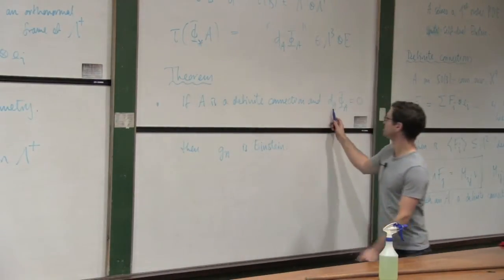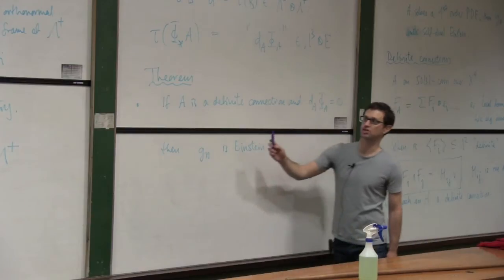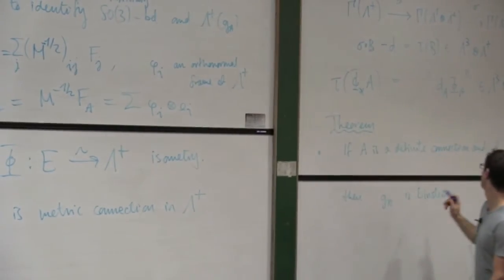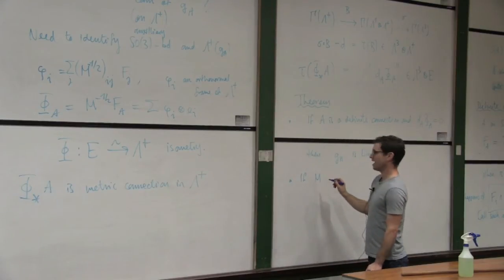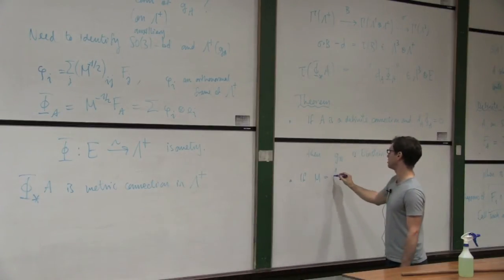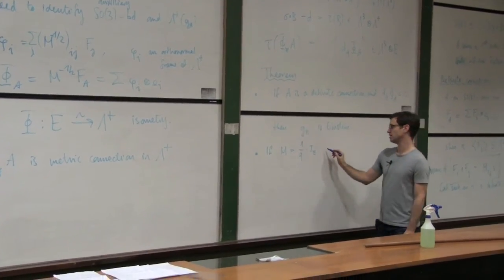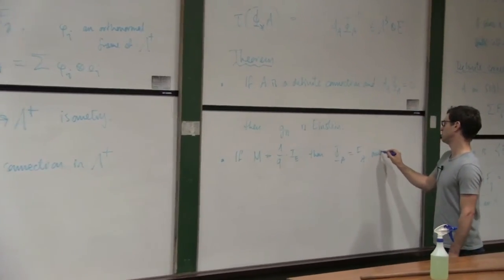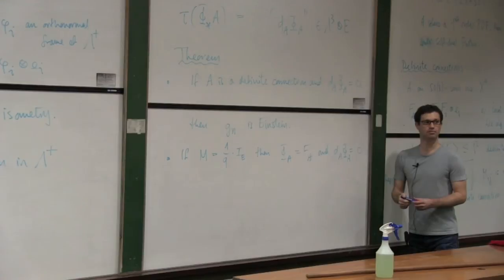The second thing to notice is that this looks a little bit like the Bianchi identity. Except rather than the curvature, I've had to twist the curvature by this matrix M. But if M actually was already the identity, remember that we fixed the trace of the square root to be 1, so I guess M had better be 1/9 times the identity on E. So if this matrix was a constant multiple of the identity, then phi_A equals F_A, and then d_A phi_A automatically equals naught, by the Bianchi identity.